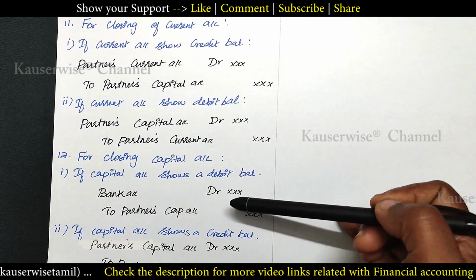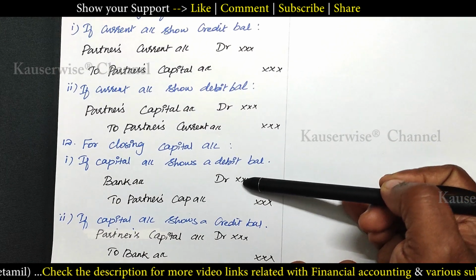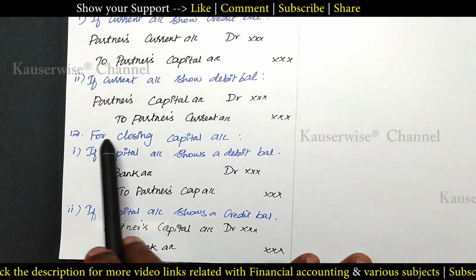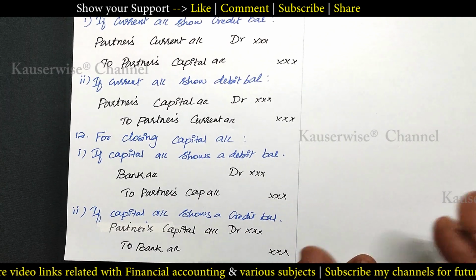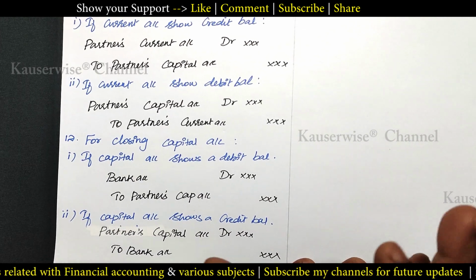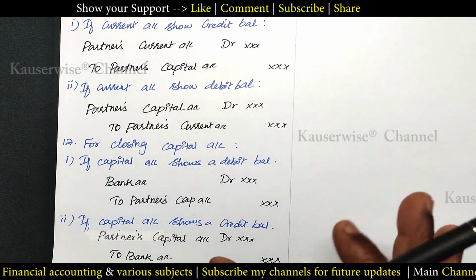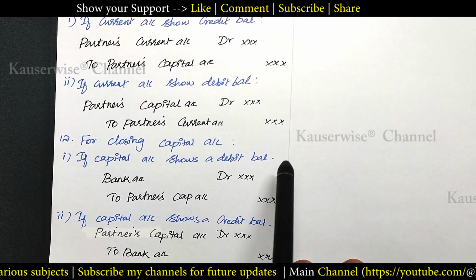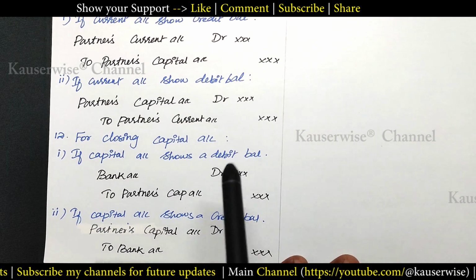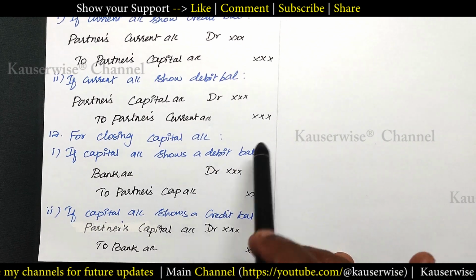And finally, you have to close the capital account separately. While you close the capital account, you will get a debit balance or credit balance, and whatever it is, the balancing figure will be transferred to bank account. Under bank account, if you get a balancing figure on the debit side, that is the final payment to partners.